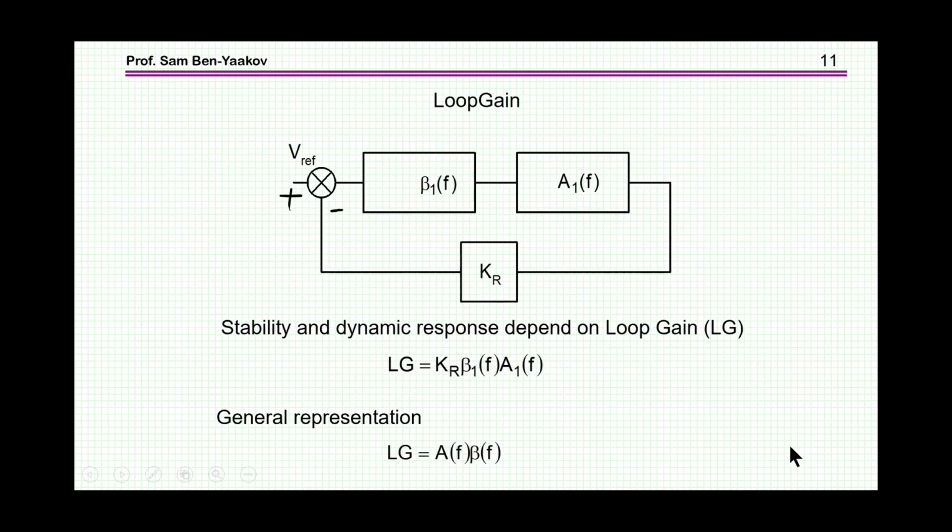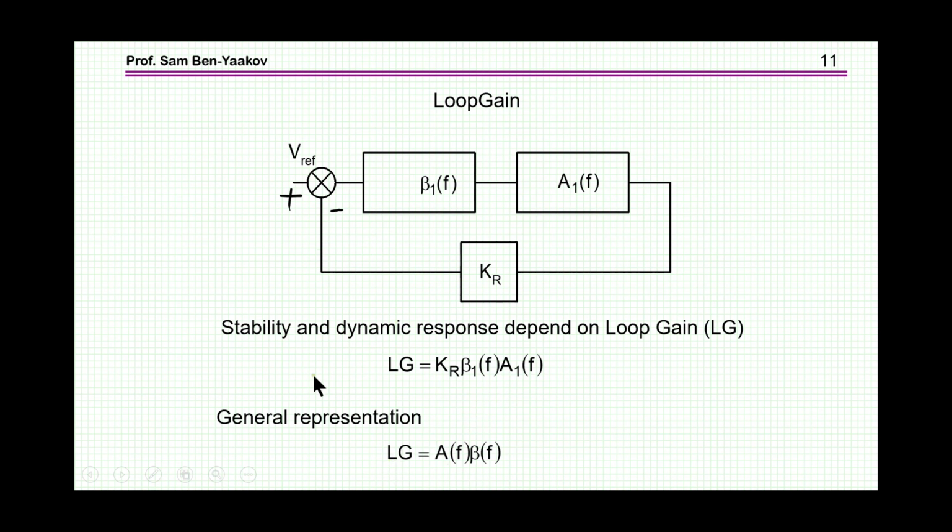So now we go back to our original problem. We have a system. We have a loop gain, which is the product of all these: this is the controller, this is the inverter plus the motor, and this is a sort of feedback.